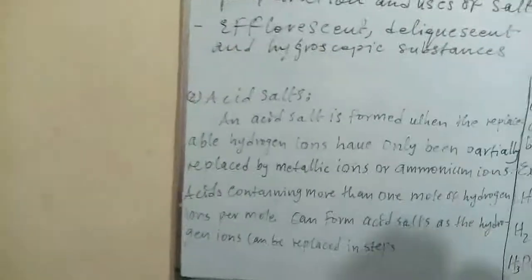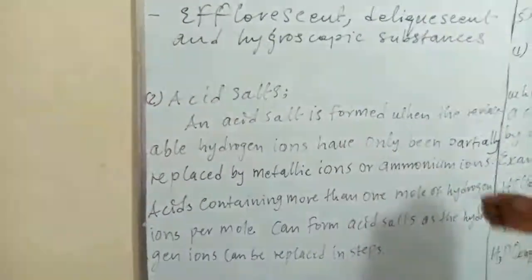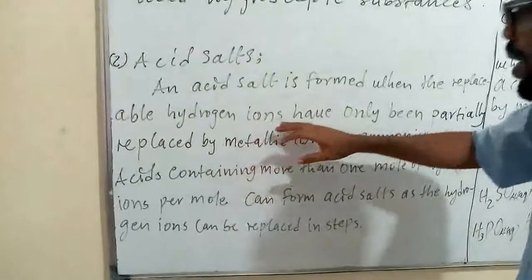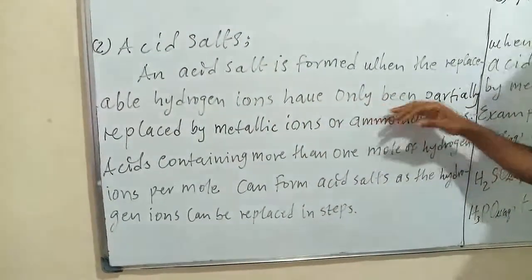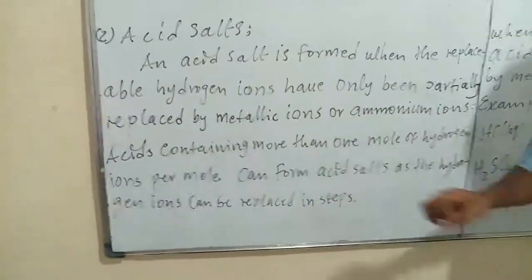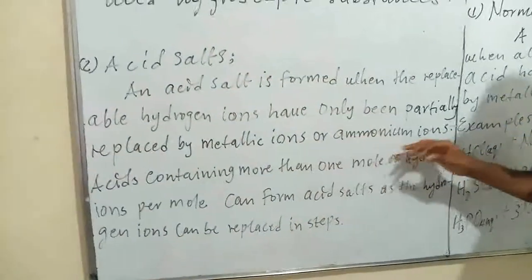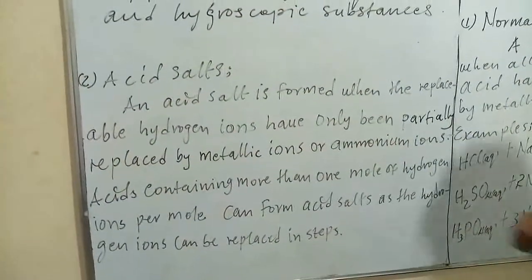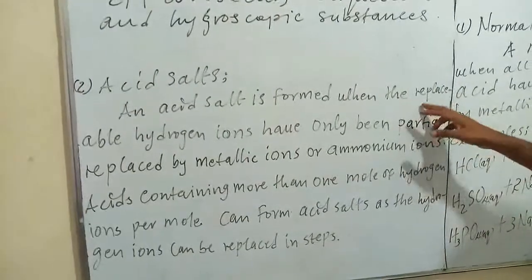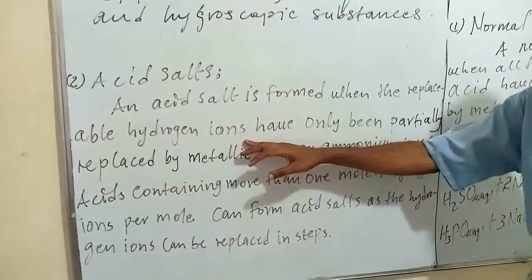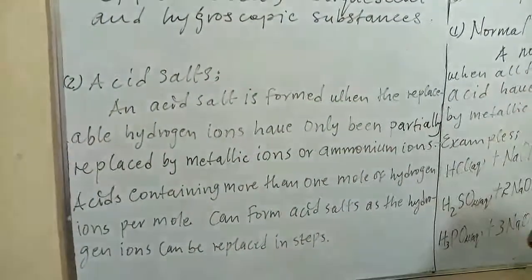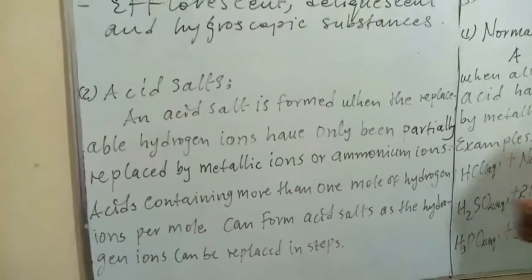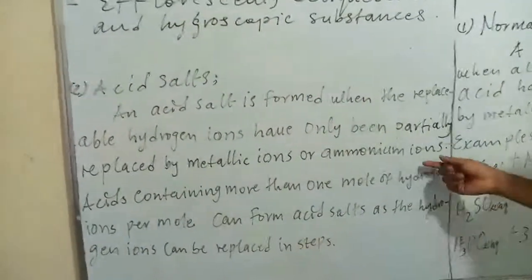On the board, I said an acid salt is formed when the replaceable hydrogen ions have only been partially replaced by metallic ions or ammonium ions.